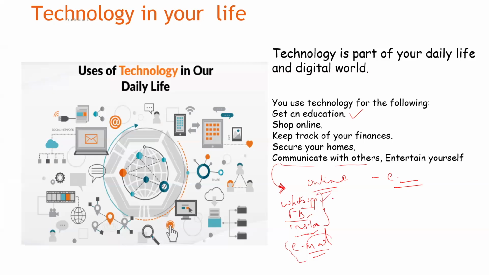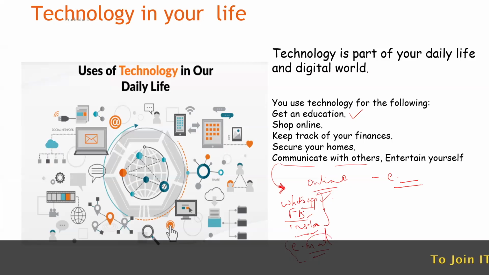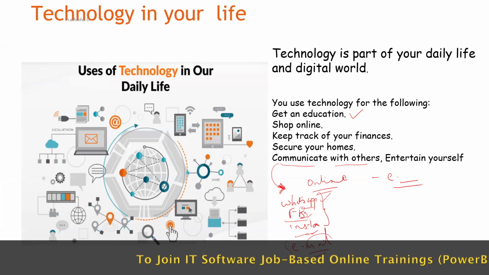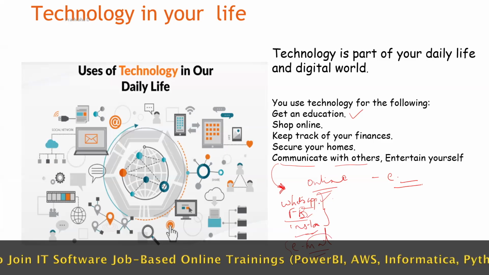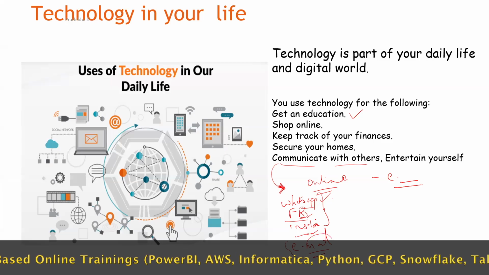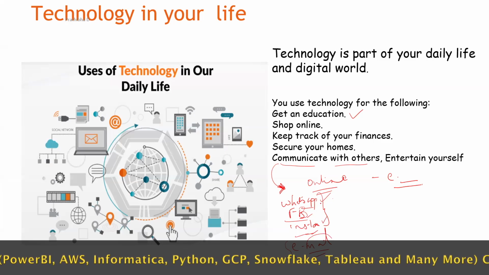We are trying to communicate. Nowadays, not only WhatsApp, many other communication platforms have come into the picture. Facebook is one large community where you're communicating, sharing your information, and Instagram is also in a similar way.